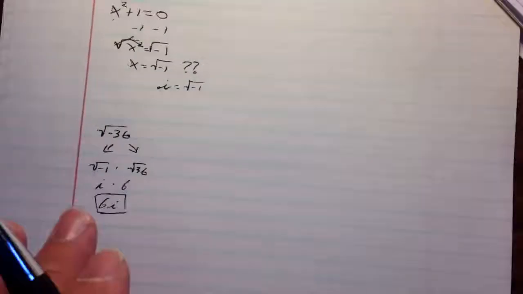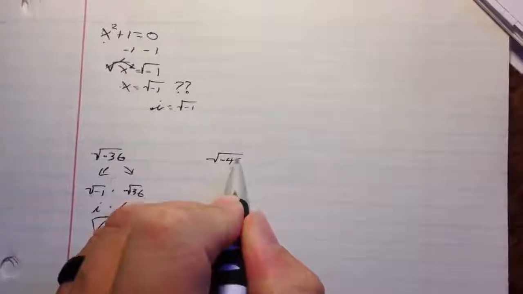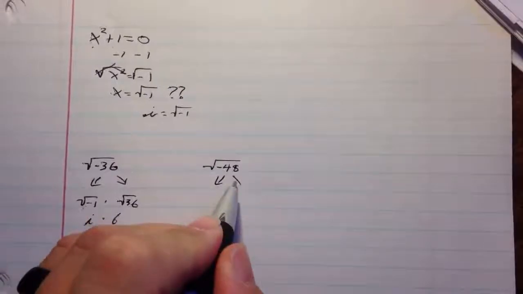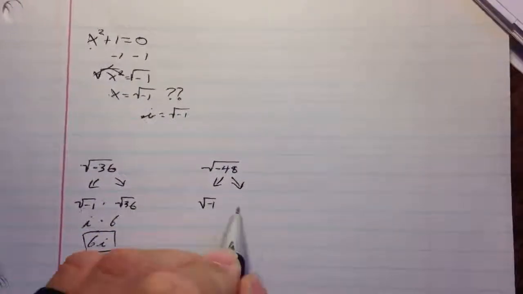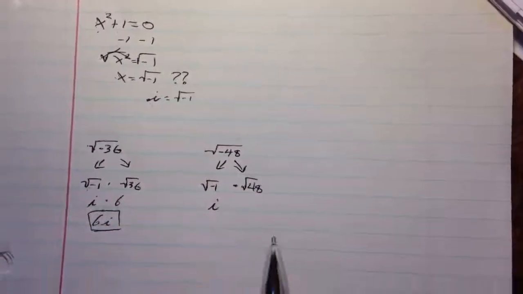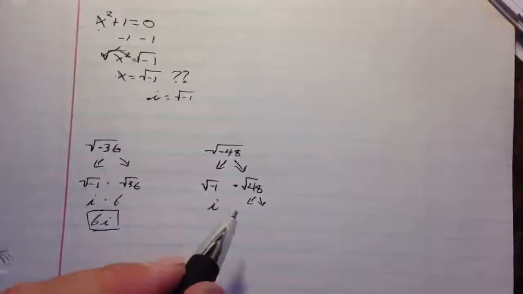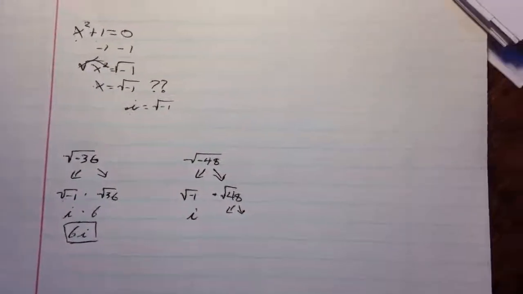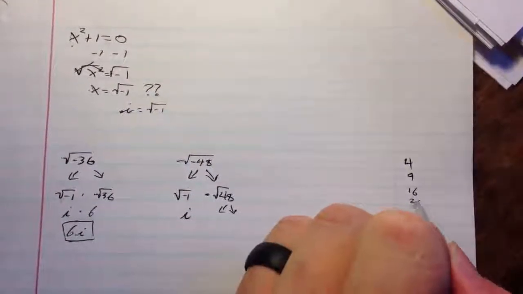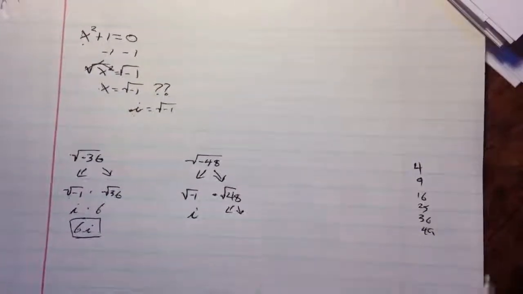So there's that. Let's do one that's not quite as easily broken down. There's more to it. So I start out, I say square root of -1 times the square root of 48. Okay, so there's i. And then the square root of 48. Now, guys, you're in 11th grade, you should know how to find your perfect squares in your head: 4, 9, 16, 25, 36, 49, and so on.